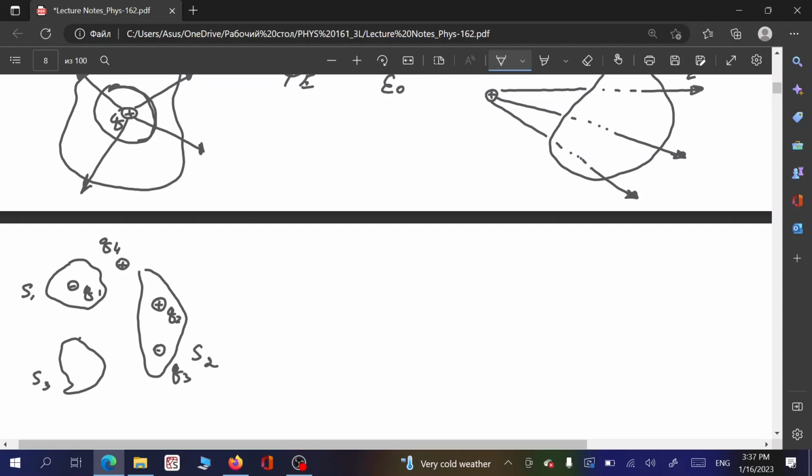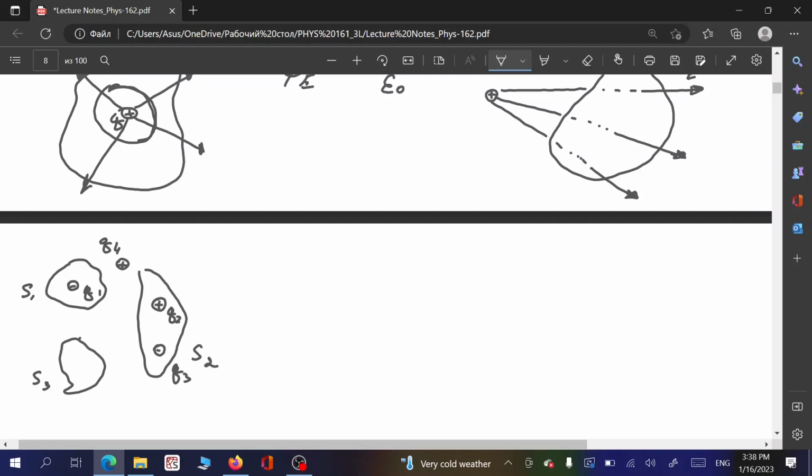So now let us consider surface 1. What will be the electric field flux through surface 1? Q1 over epsilon naught.